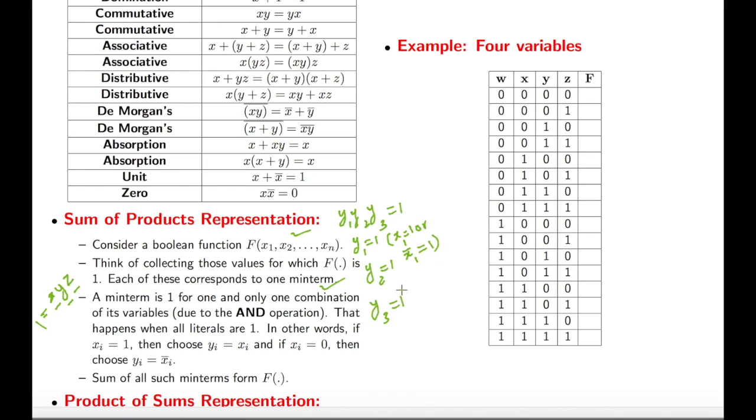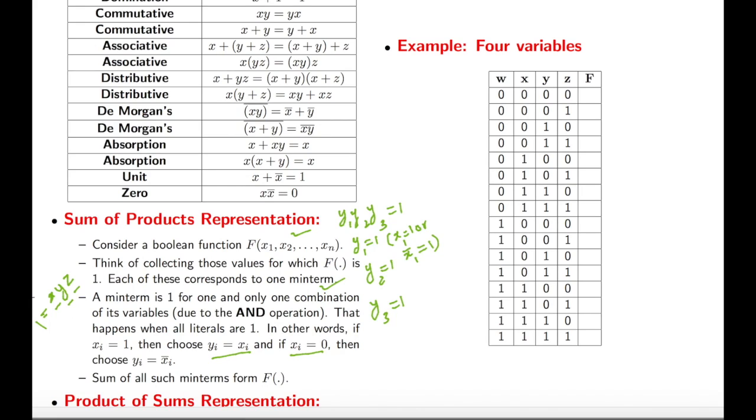But which one to choose? The same question applies for y2 and y3. So we choose: if xi is equal to 1, then choose yi equal to xi because we want yi to be 1. But if xi is equal to 0, then we choose yi to be the complement of xi so that yi becomes 1.